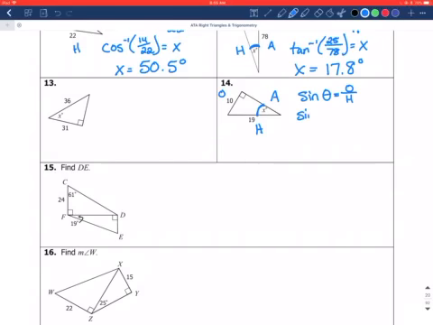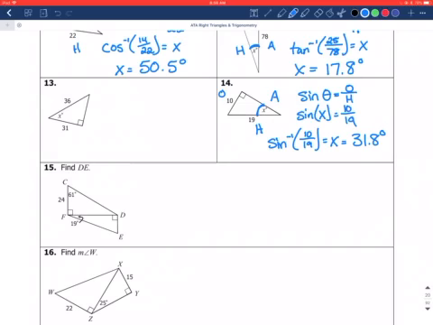So sine of x degrees equals 10 over 19. We'll do inverse sine, 10 over 19, and that will give us 31.8 degrees. Again, all of those angles have to be between 0 and 90.